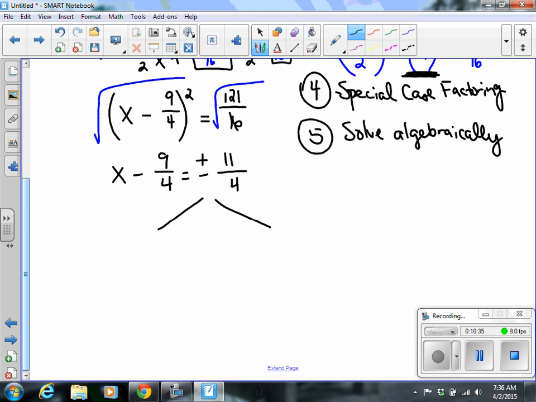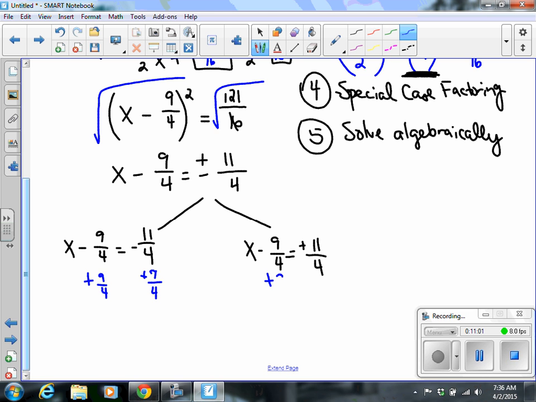I'm going to break this up now. x minus 9 over 4 equals a negative 11 over 4. On the right side, I have x minus 9 over 4 equals a positive 11 over 4. I'm going to move that 9 over 4 to the other side to get x by itself. And on the left, x equals negative 1/2. If you have that one as a decimal, it's okay. And on the right side, x equals a positive 5.